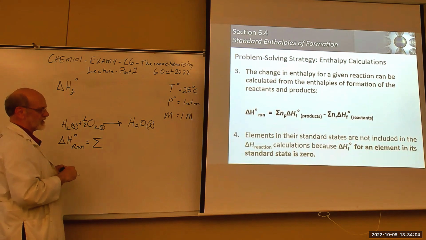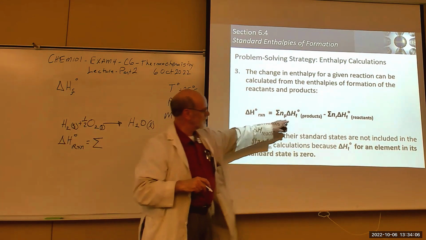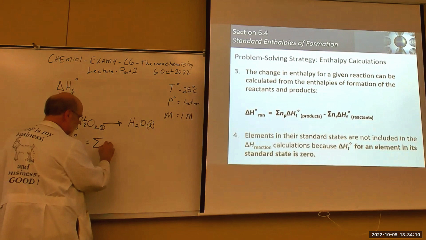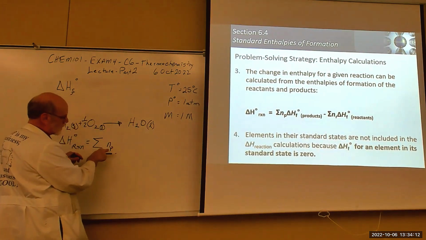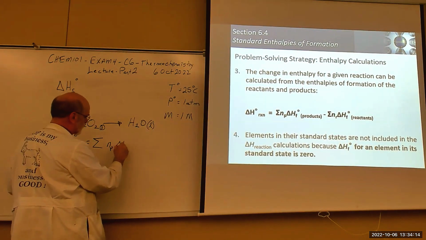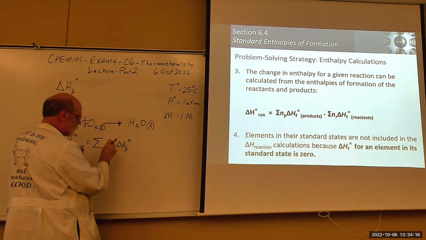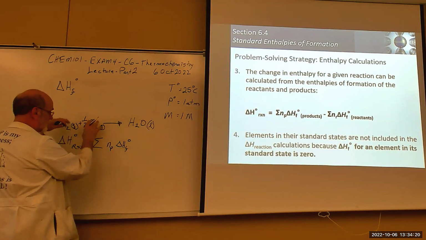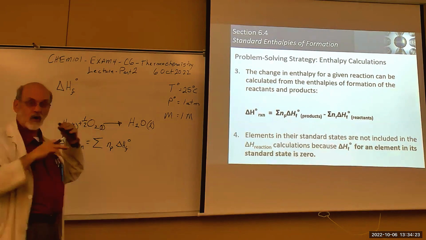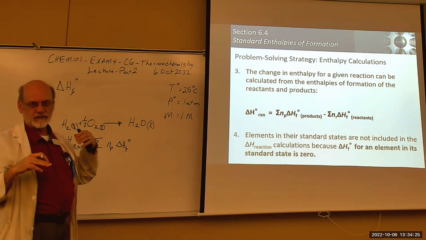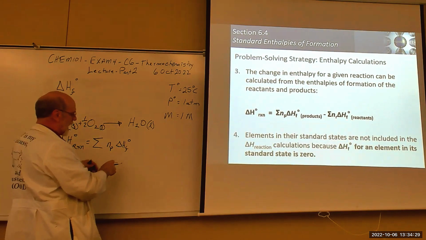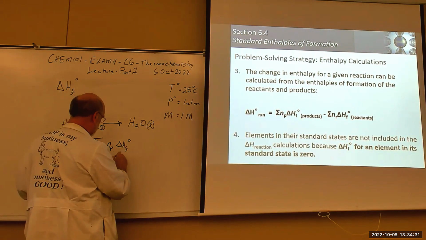You add up all of these terms that are in the product side. And in order to do that, you have to take into account the number of moles of each one. So you need standard heats of formation of each of the compounds times the coefficient in your target equation. So you add up all those in the products.